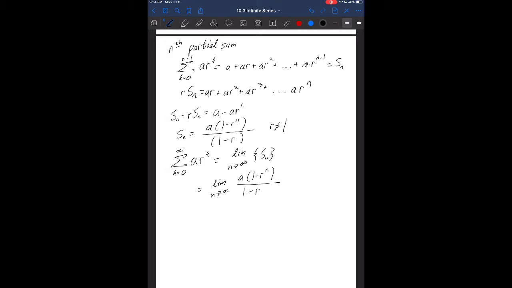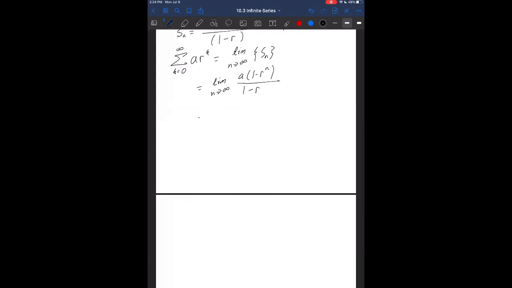And now what we can do in this case is use our limit rules, specifically our geometric sequence limit rules, and get that this is equal to a minus the limit as n goes to infinity of r to the n, over 1 minus r. So I just brought the limit in to deal with the things that involve the r to the n.